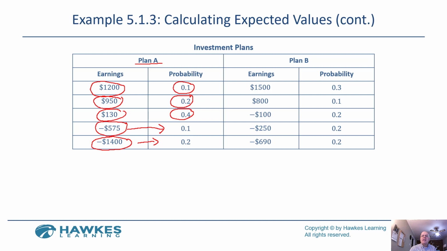So, to find the expected value for plan A, you take each one of those earnings and multiply it times its probability, each one, and then add up the results.